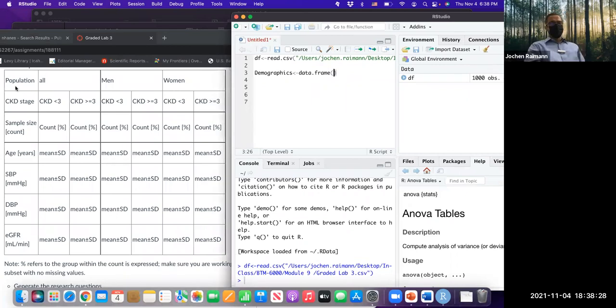So you have the overall population, CKD stage before 3, CKD stage 3 or higher, males, females, earlier stages or advanced stages.